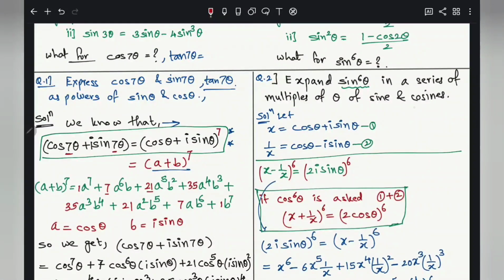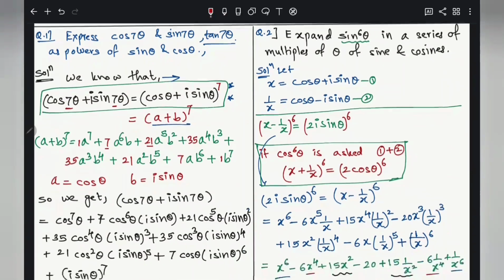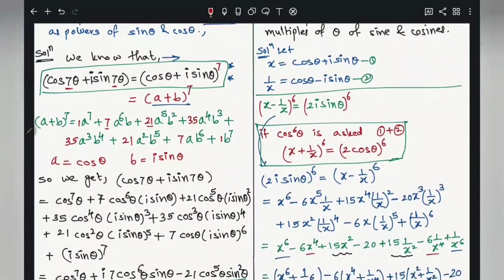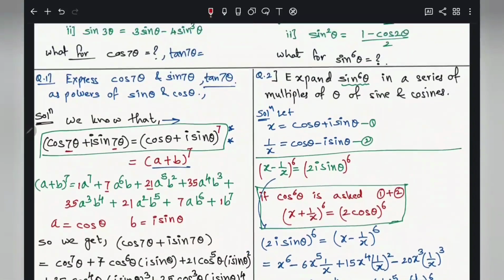We will use De Moivre's theorem. So here you can see we are getting x raised to 6, we are getting x raised to 4. So here we will find what x raised to 4 means, or in general what x raised to m means. So x raised to m means (cos theta plus i sin theta) raised to m. Okay, and by De Moivre's theorem, it is nothing but cos m theta plus i sin m theta.